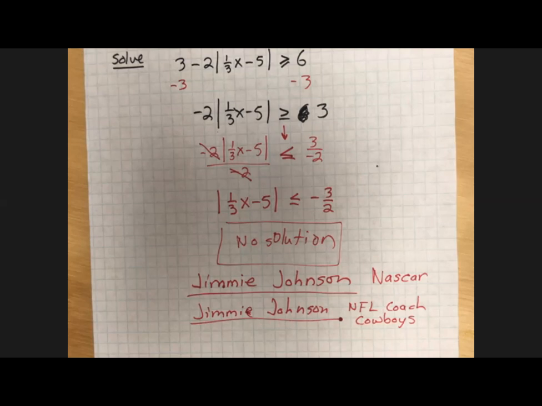But then, as all teams do, you're great, and then you fall on hard times because you don't have the draft picks. So the Cowboys fell on hard times for a while after those great years. Jimmy Johnson came into the Cowboys when they had won like 2 games. The next year they won 8. The next year they went to the playoffs. His 3rd year they won the Super Bowl.